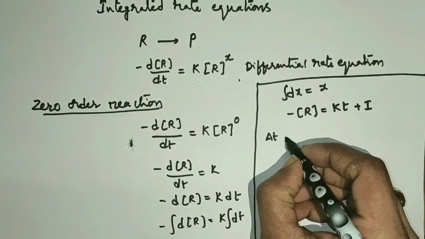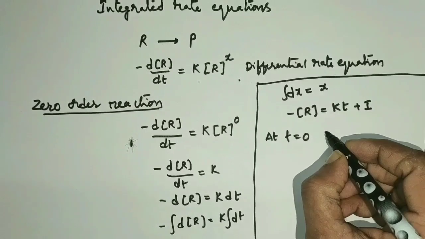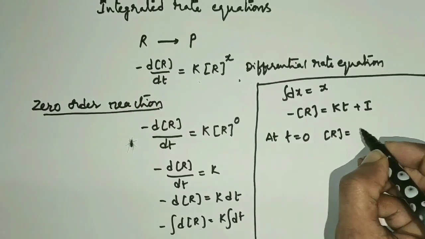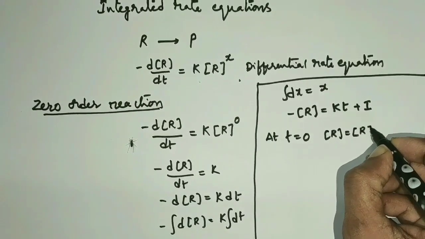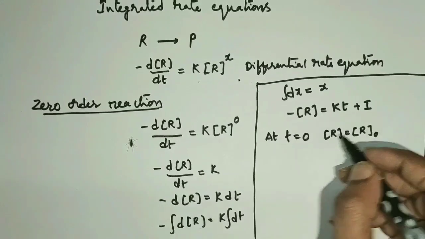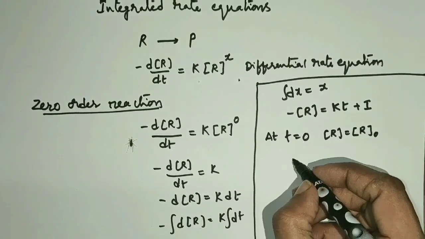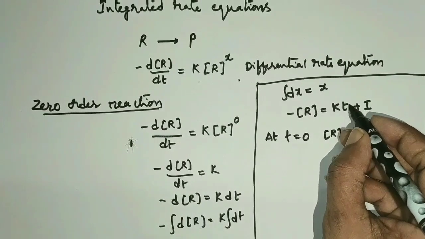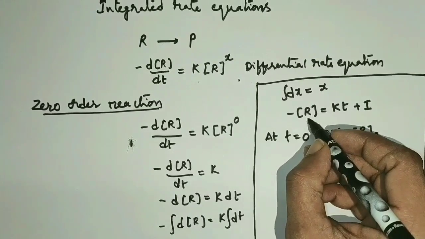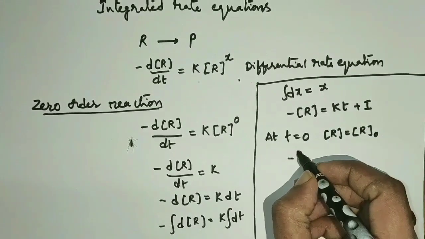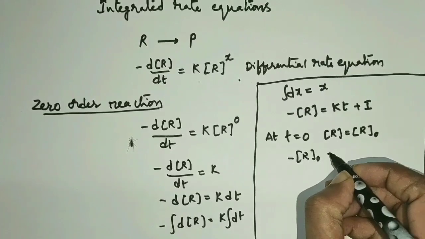At time t equal to 0, concentration of reactants is taken as R naught. If you substitute these two values here, in place of t 0 and in place of R R naught, so minus R naught is equal to I.